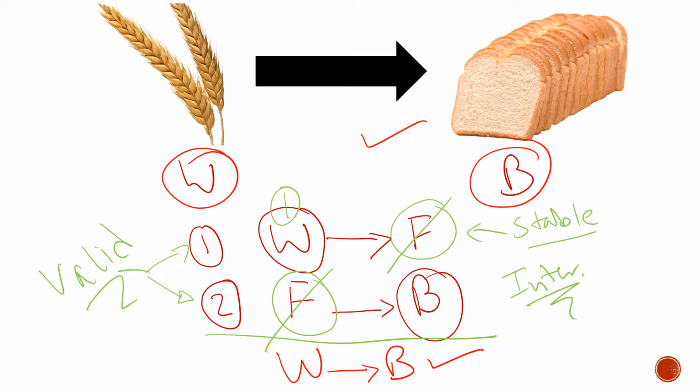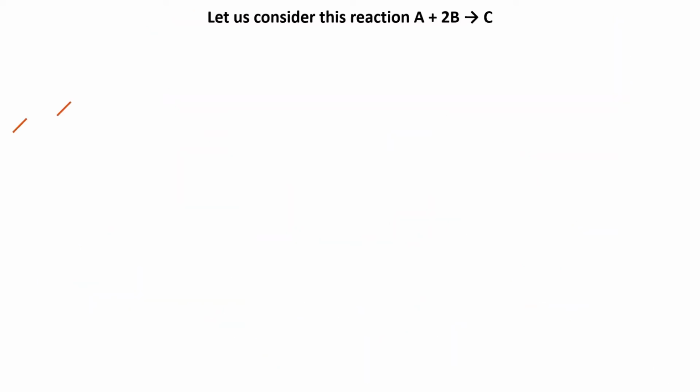What about the flour? The flour that has been produced has been used in the second step. Now let's go ahead and start speaking about the chemical reaction. We have here a reaction which is representing A plus 2B giving C. And we would like to propose a mechanism for this reaction.